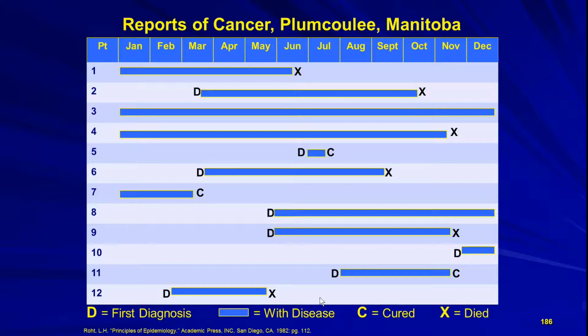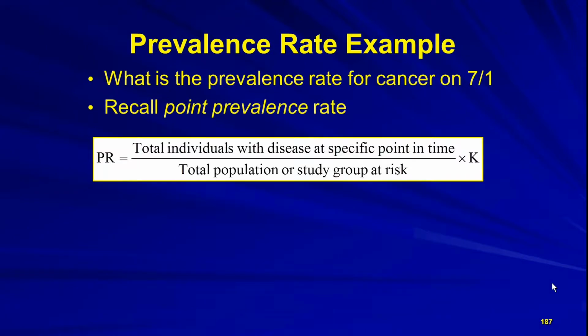If you took prevalence at a different period, like with the flu in October, we would come up with quite a different answer than if we looked at the prevalence rate for flu in the summer. Okay, so what is the prevalence rate for cancer on 7/1? Recall that it's a point prevalence rate.